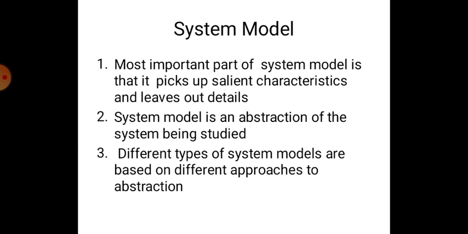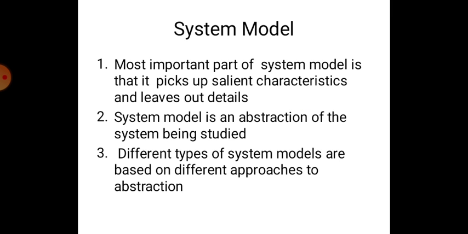Point number 2, a system model is an abstraction of the system being studied. So students, a system model is a small representation or abstraction of the system being studied. It is not an alternative representation. Point number 3, different types of system models are based on different approaches to the abstraction.